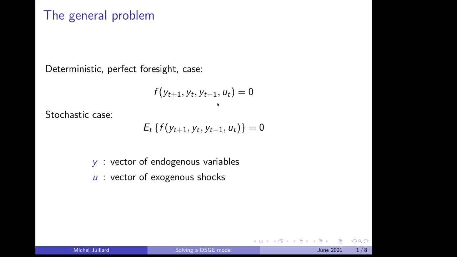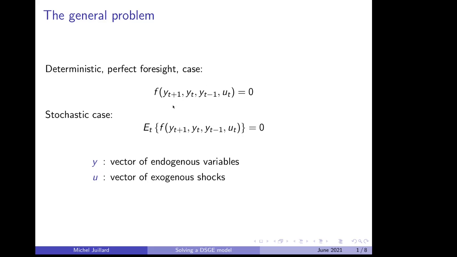In addition, there are other exogenous variables that we write ut that are also kept in a vector. In the deterministic perfect foresight case, at the beginning of the simulation, we will assume that we know the entire sequence of future values for ut. And given those future values, we then solve for yt.